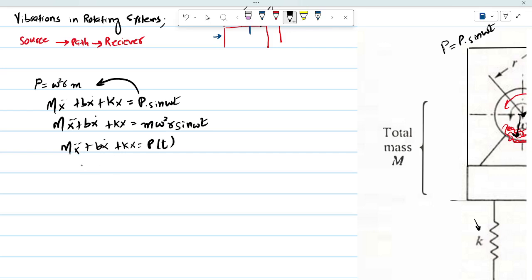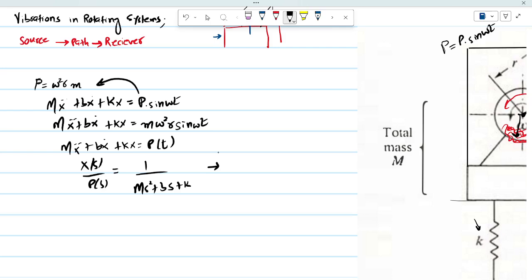Now do the Laplace transform and take the transfer function. You will get an expression x of s divided by p of s equals 1 over m s square plus b s plus k.